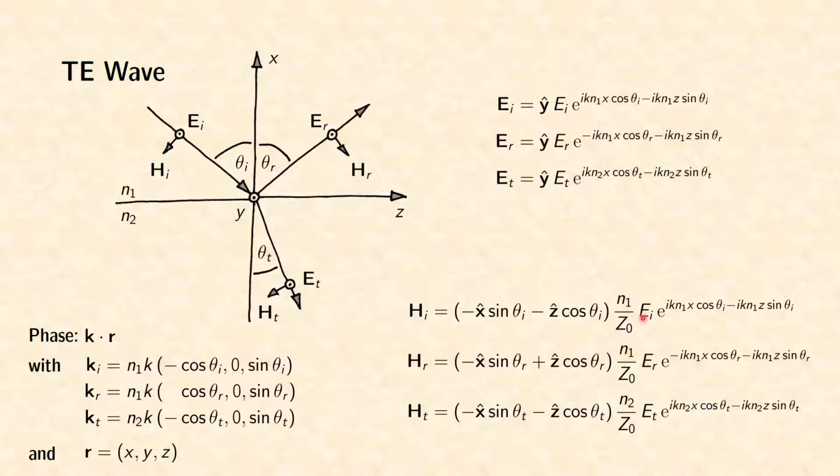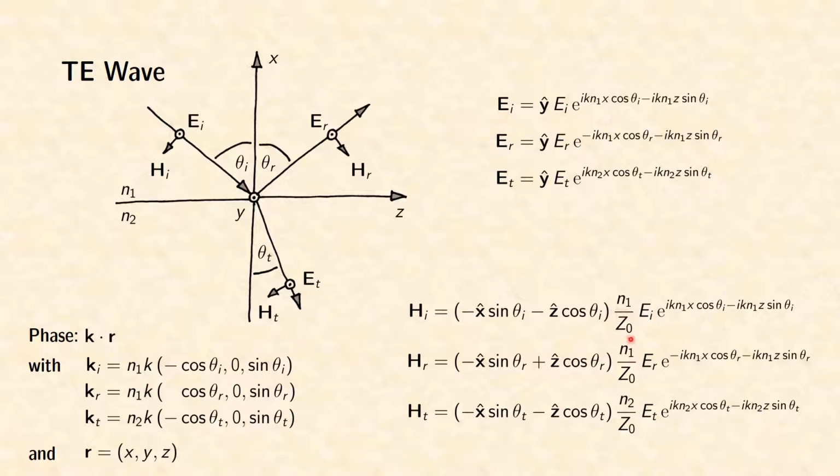Then the next factor is the amplitude of the magnetic field, but we express it by the electric field, and we already learned in, I think, the last lecture that we can express the amplitude of the magnetic field by the electric field, but there is an additional factor, which is the impedance.